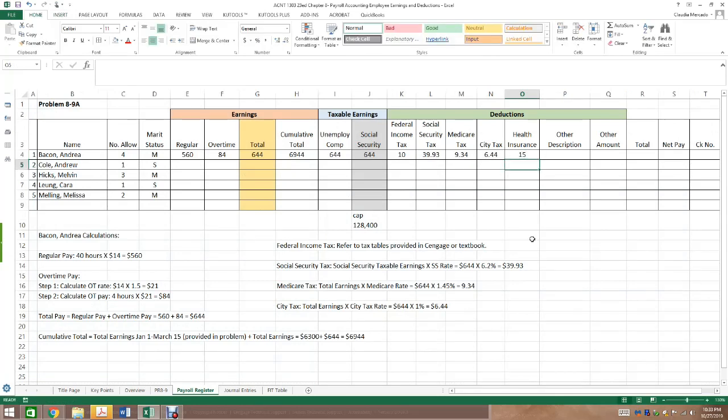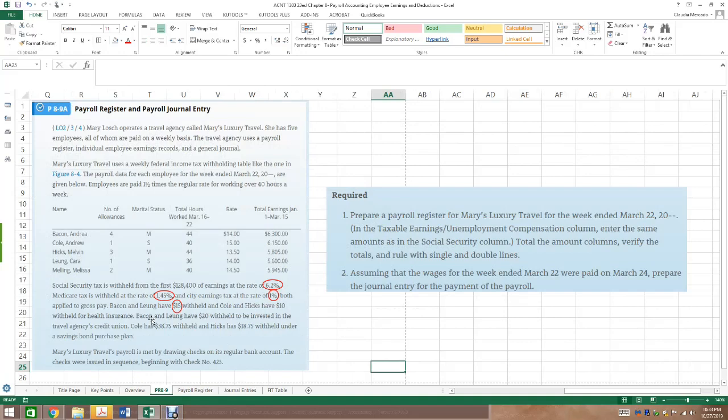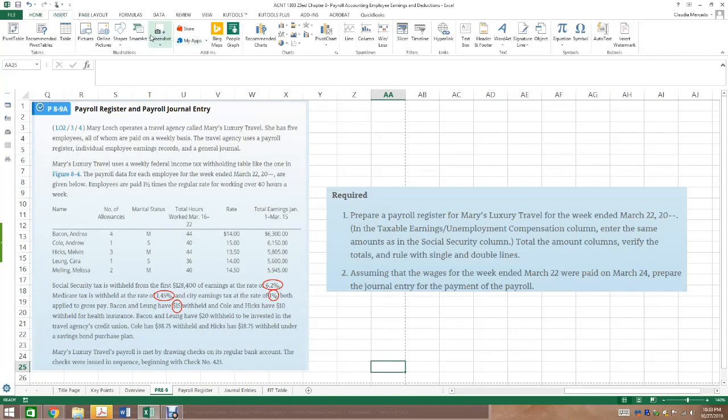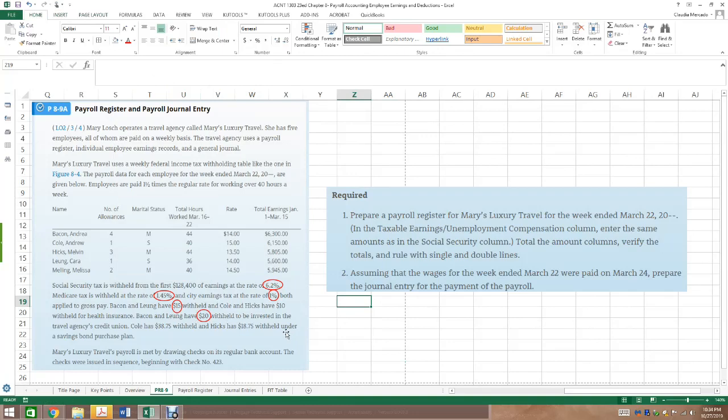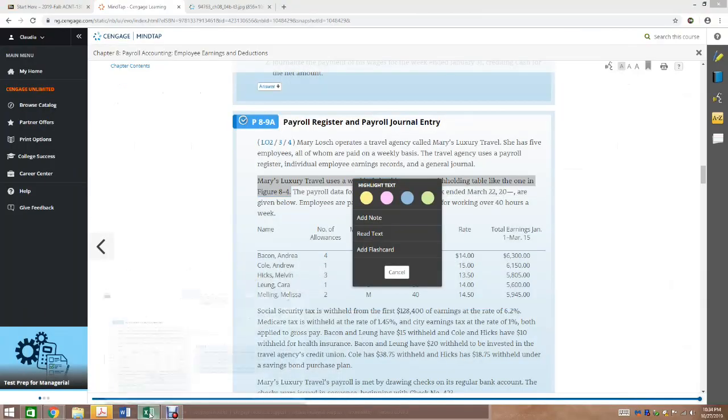Do they have any additional deductions? Let's look at Bacon, Andrea Bacon. Let's see what else they have. Bacon and Loon have $20 withheld, right here, to be invested in the travel agency's credit union. So I'm going to put that under other.